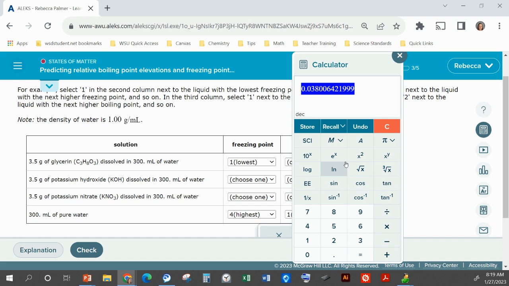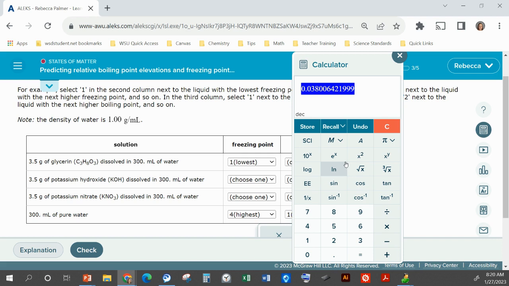Okay. So what did we have? 0.038. Okay, and that's moles. All right, and then we're going to divide by the kilograms of solution. And this will be our molality. So what I like to do is I like to have a table. Water's molality is 0.